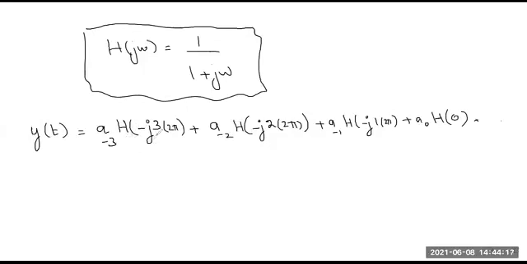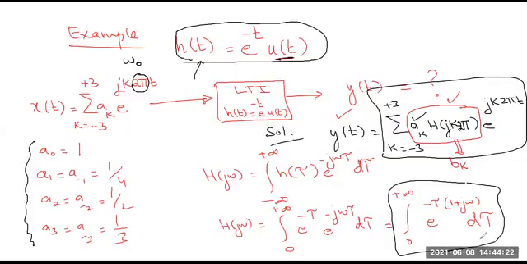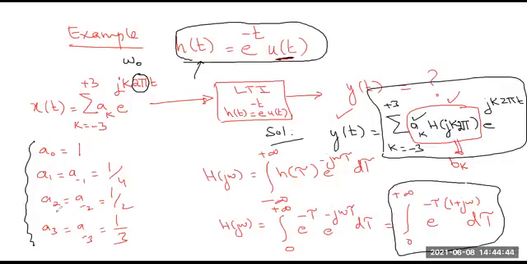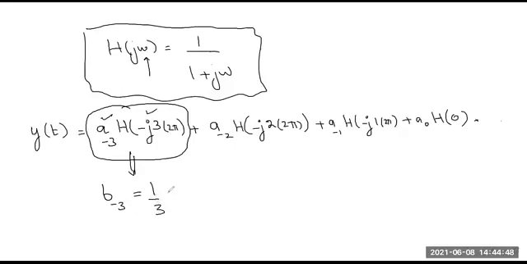But what is the value of this coefficient? All you need to do is put the values of omega over here. So if I want to find out b of -3, what name can we give to this coefficient? b of -3. So b of -3 will be equal to a of -3. a of -3 is equal to 1/3. So you will write 1/3.